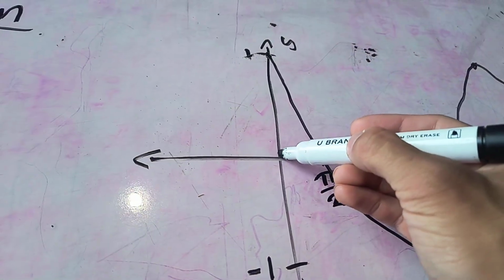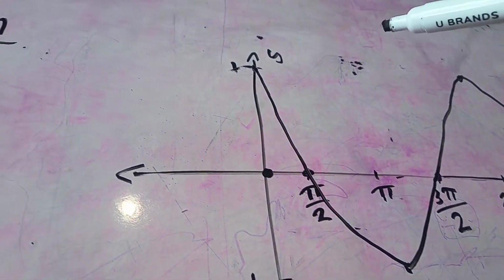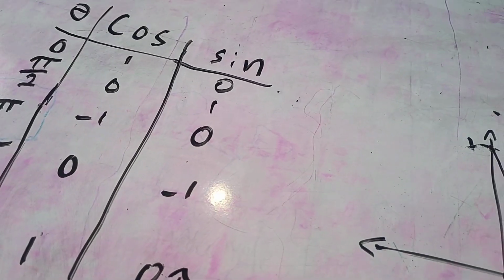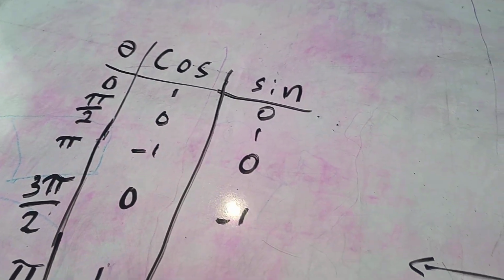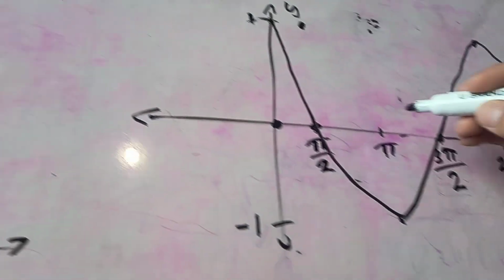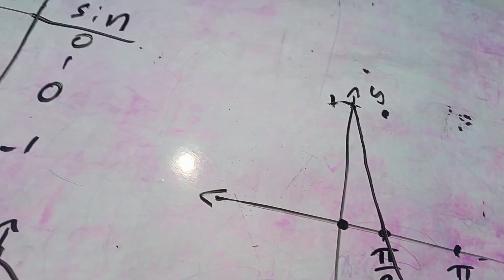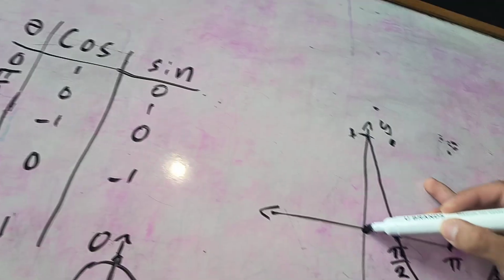So it would be 0 at 0 angles, and then 1 at pi over 2, 0 at pi, negative 1 at 3 pi over 2, and 0 at 2 pi. So sine would go like this.